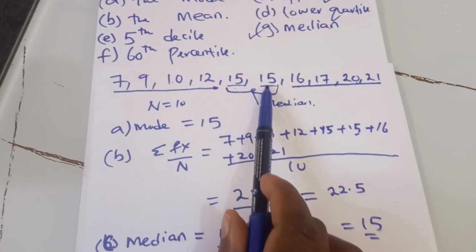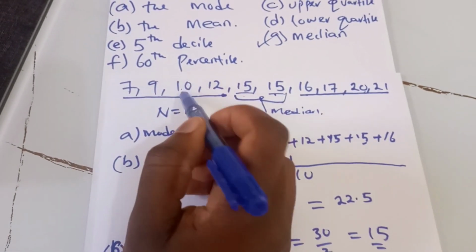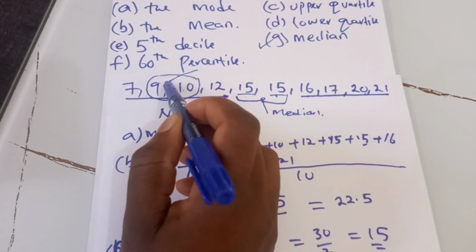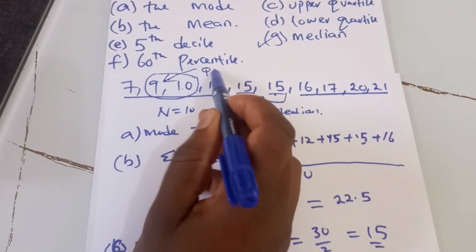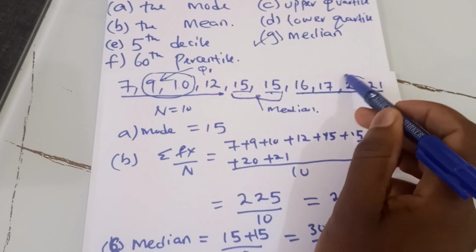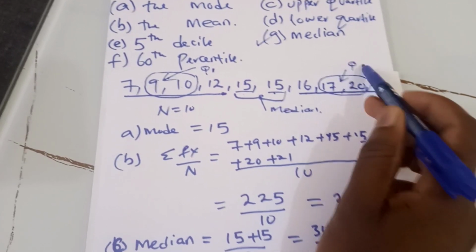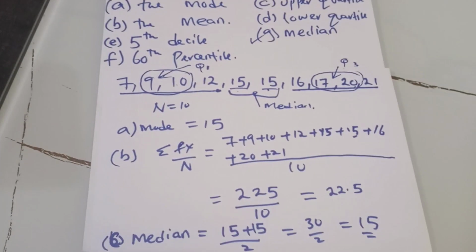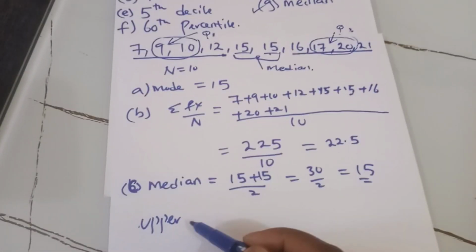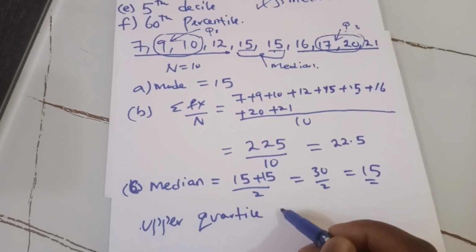For the quartiles, the lower quartile divides the first half into 2. The lower quartile, or what we call Q1, is between 9 and 10. The upper quartile, on the same hand, is between 17 and 20, because it divides the upper half into 2. So that is where we have our upper quartile.